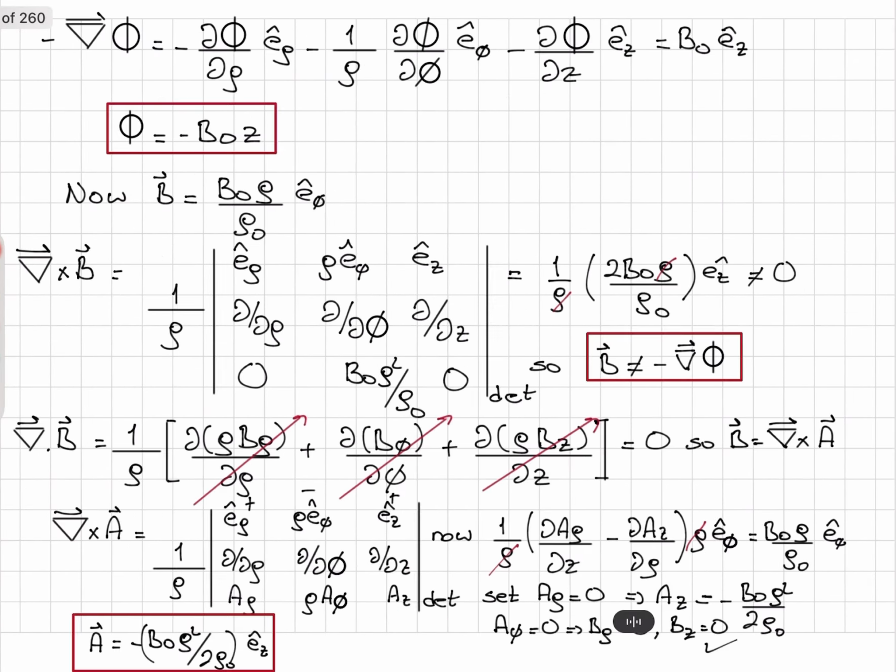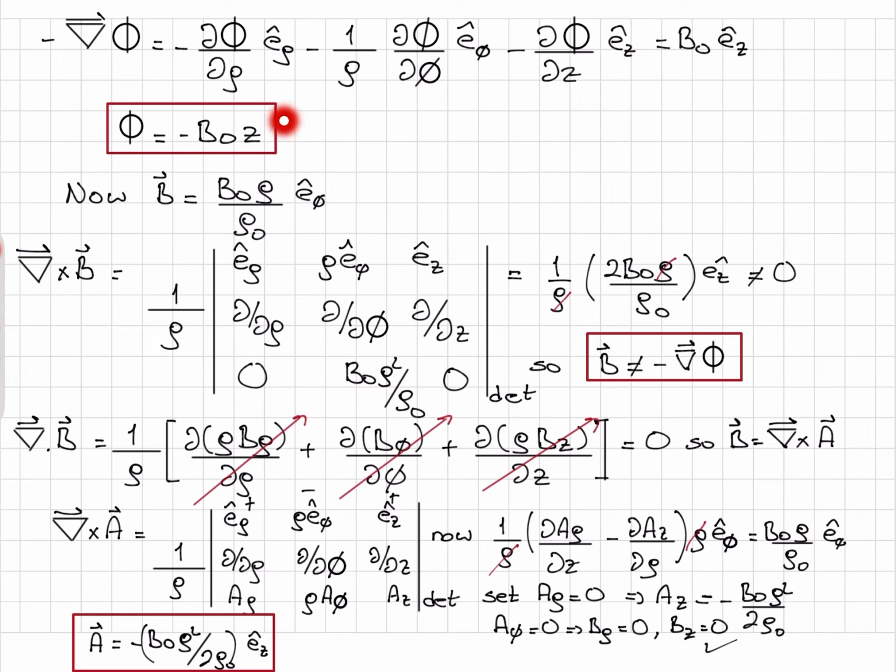Then I was told that this new magnetic field, and also I've determined the scalar potential function that refers to it. B is equal to minus gradient of phi. So writing the gradient in cylindrical coordinates, minus 1 over h rho del phi del rho e rho hat, minus 1 over h phi e phi hat, minus 1 over h z del phi del z e z hat.